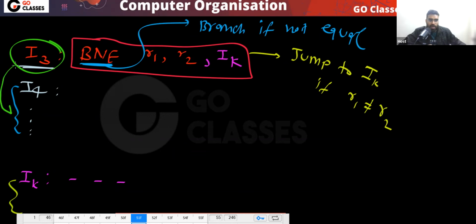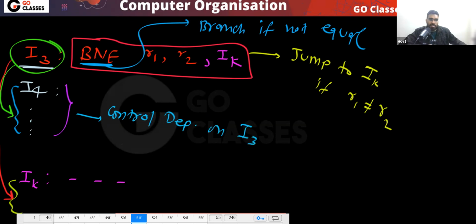We don't know either they will be executed, or these people will be executed. So we can say that these people are control dependent on I3. Is this clear? Similarly, these people are also control dependent on I3.